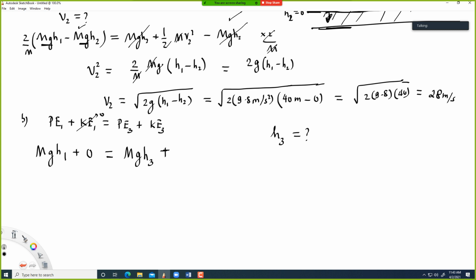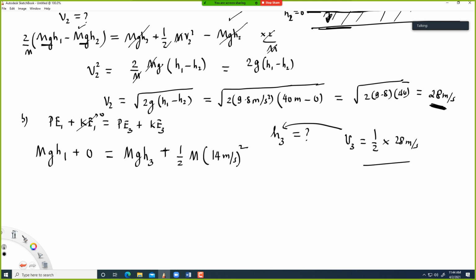It says at what height will it have half this speed? So 1/2 m, the speed at h3 would be half of that, which is 14 meters per second. So here at this point, speed is 1/2 that of 28 meters per second.